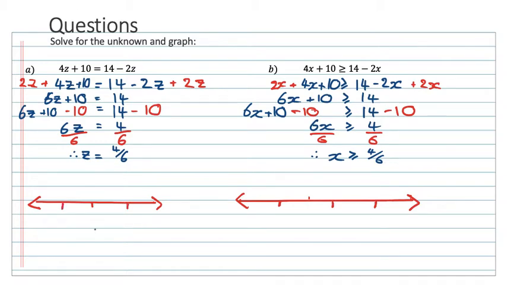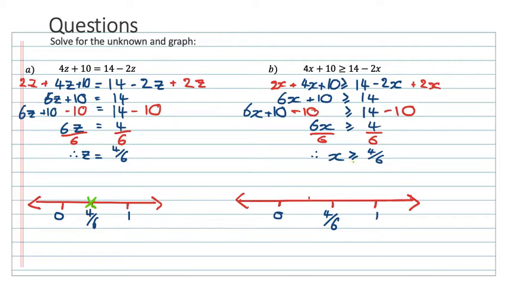So let's mark our points. 4 over 6 is going to be somewhere between 0 and 1. This will be 4 over 6, again somewhere between 0 and 1. Now graphing z equals 4 over 6, that's going to be right there.